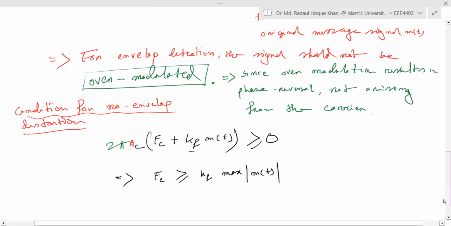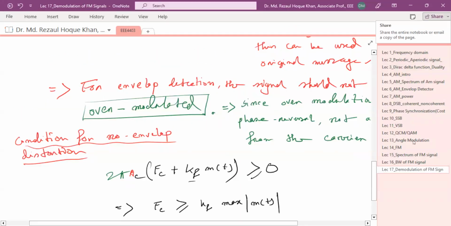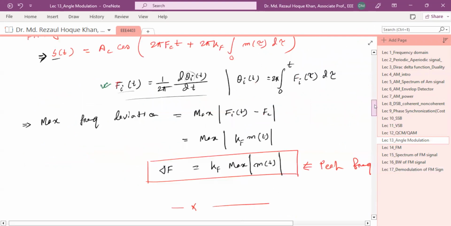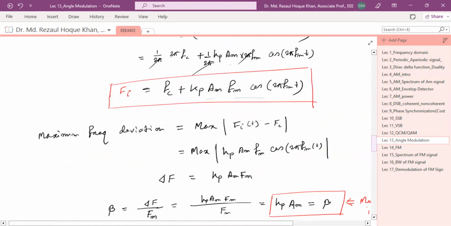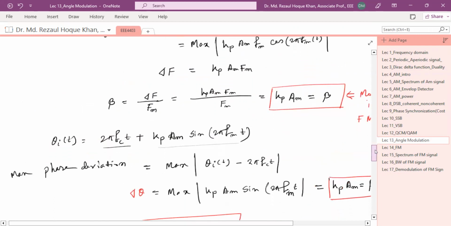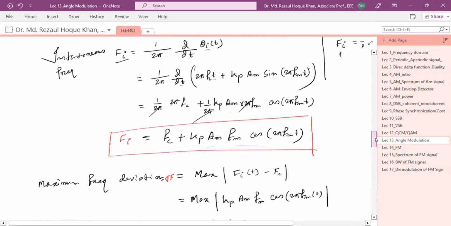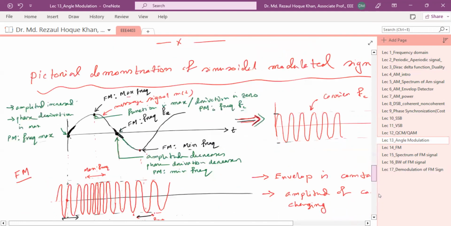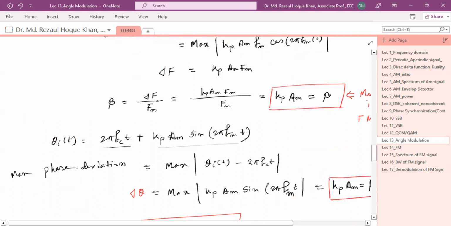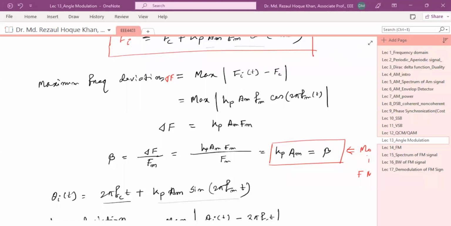Now, from our previous example, we saw, and I'm not deriving this again, the maximum frequency deviation, del f. Let me see what the value of del f is.